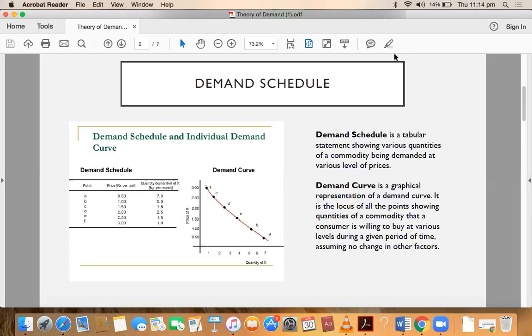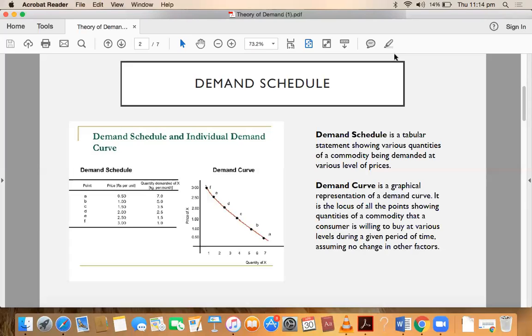Now you can see here, as the price of the commodity increases, the demand of the commodity falls. And you can see here that there is an inverse relationship between the price of the commodity and the demand of the commodity. Now, we will plot this demand schedule on the graph.